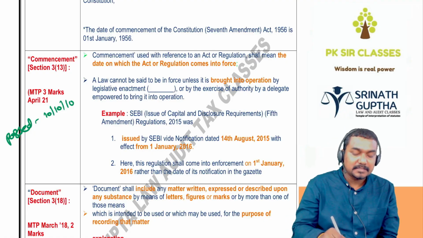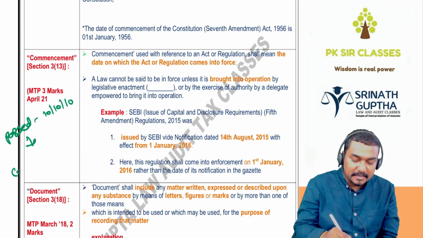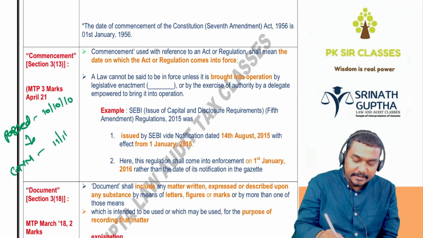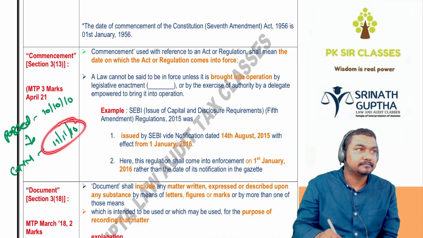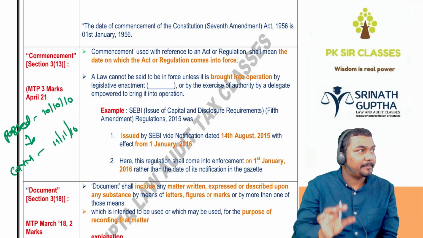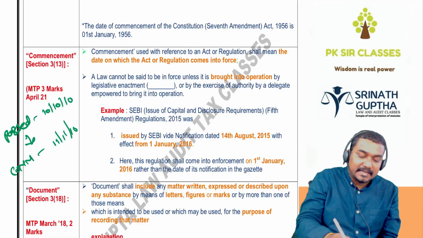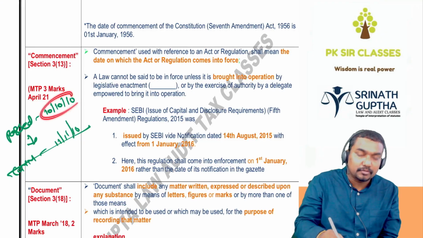But suppose the Act is passed in the Parliament of India on 10/10/2010, and they specifically notify that they want to commence it. Government wants to commence it from 11/11/2010. Then the Act is deemed to be commencing from this date. So separate dates are specified for passing and commencing. So separate dates will be applicable. If this date is not available, the Act is deemed to be passed on 10/10/2010 and applicable from 10/10/2010 only.